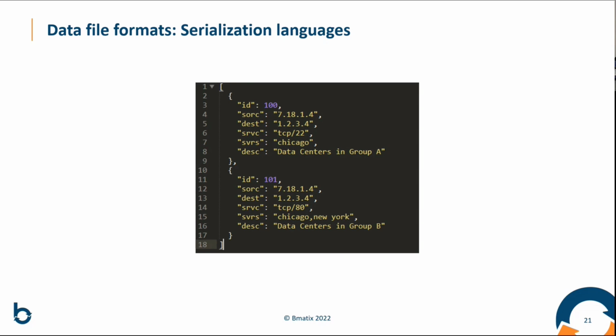A second type of file format that I want to talk about is what's fancily called serialization languages. I have a picture here of JSON, which is the most widely used in data engineering, but also in programming. When programming APIs, JSON is used very frequently.